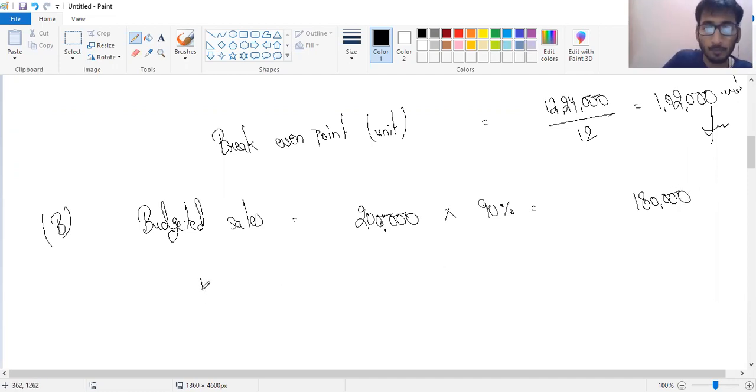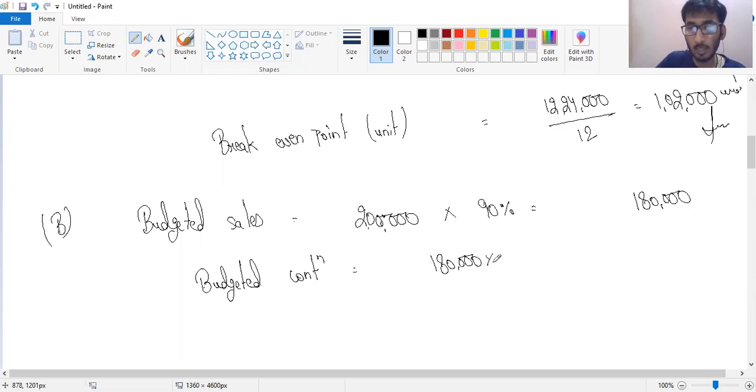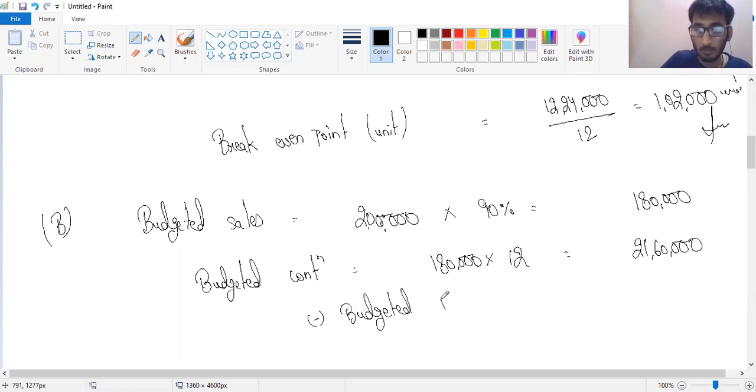Okay. So what is the budgeted contribution? Budgeted contribution is 1,80,000 multiplied by 12, which is 21,60,000. And the other thing is budgeted fixed cost.